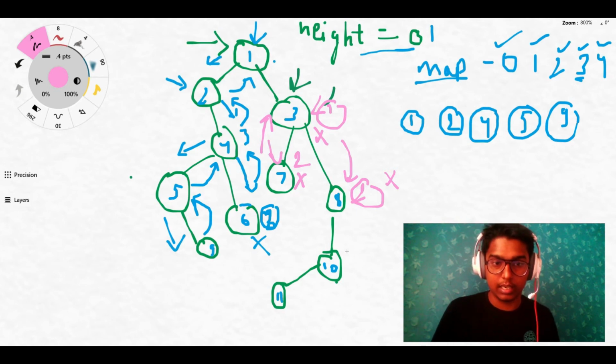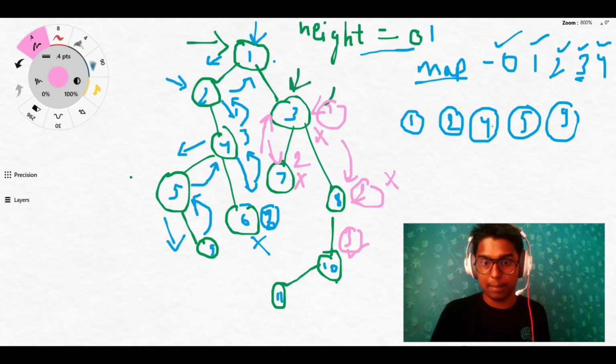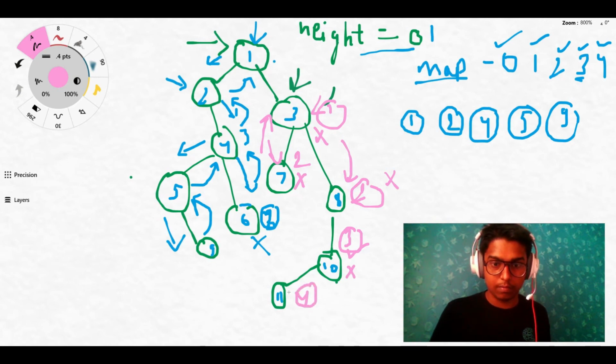And my height is 3 here, right? So 3 is also present in the map, so I'm not printing the value 10. Now 4: since 4 is also present in the map, I'm also not printing 11.